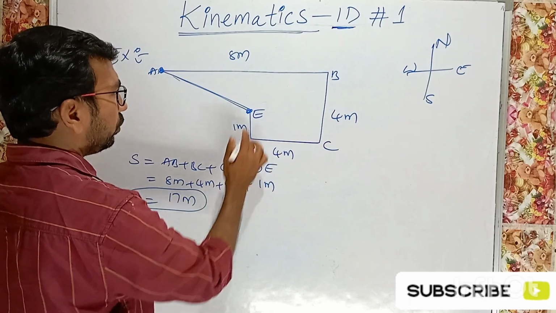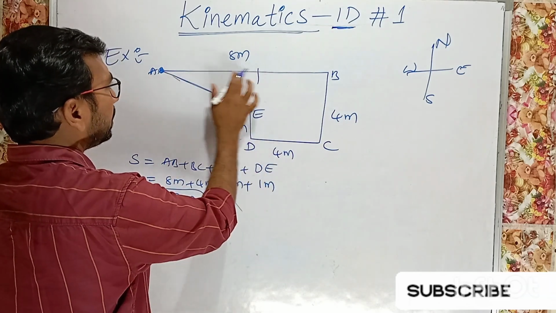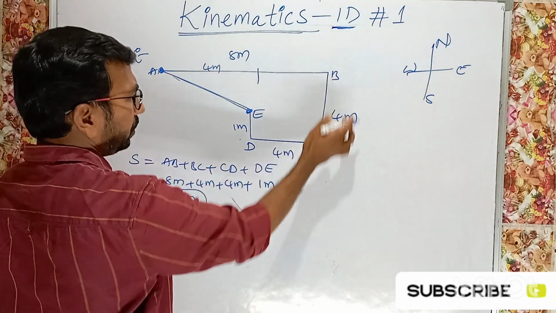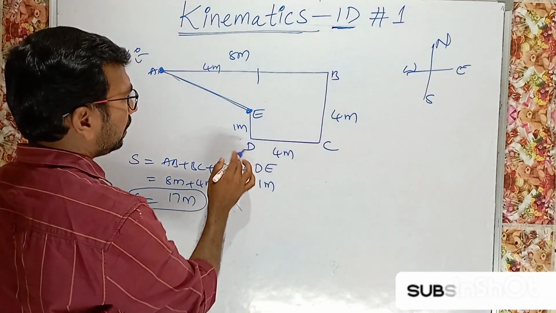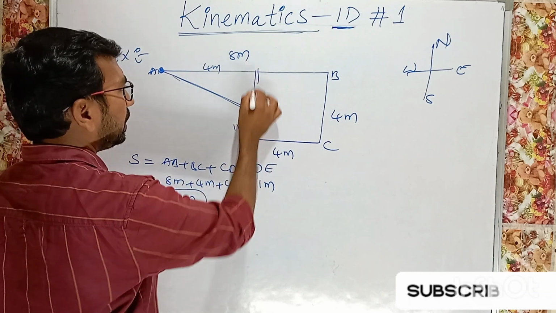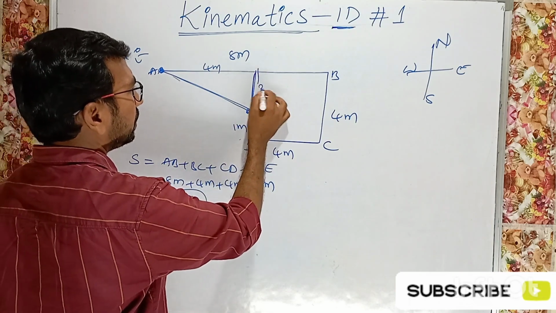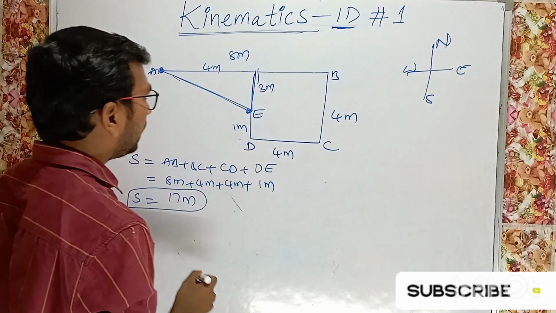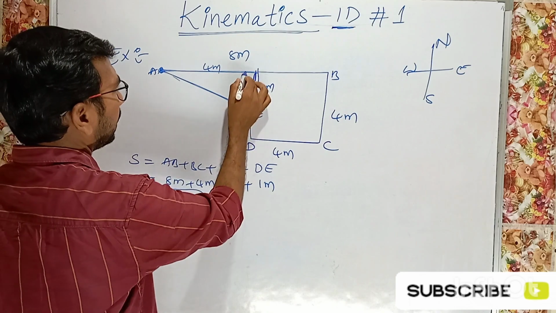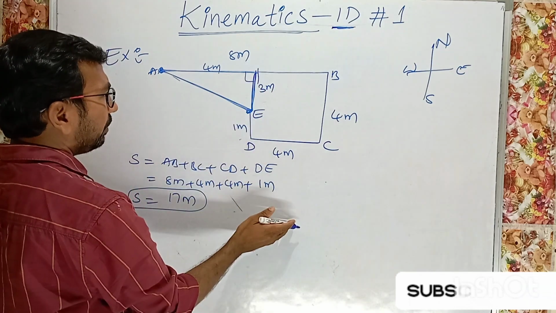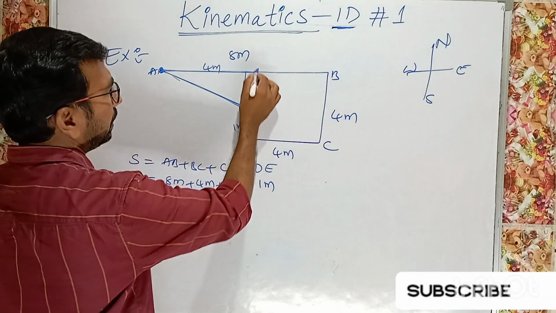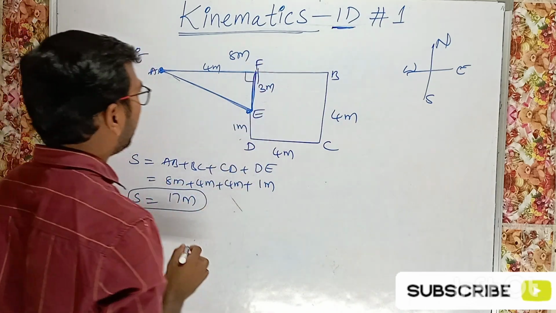C to D is 4 meters and D to E is 1 meter. So what about this distance? This distance is 3 meters. So this is a right angle triangle. Suppose this point is F.